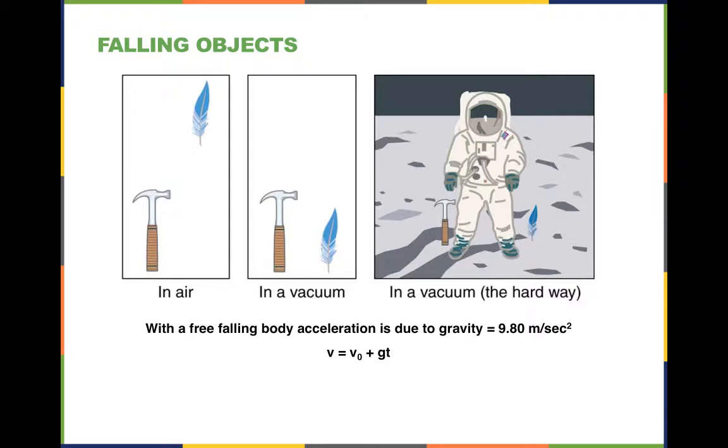So our velocity equation that we had before, the only change now is the fact that instead of an A, we use a G to represent gravity. And our distance, and notice that I've used Y here, and the reason I use Y is because we're traveling in a vertical direction instead of a horizontal direction.